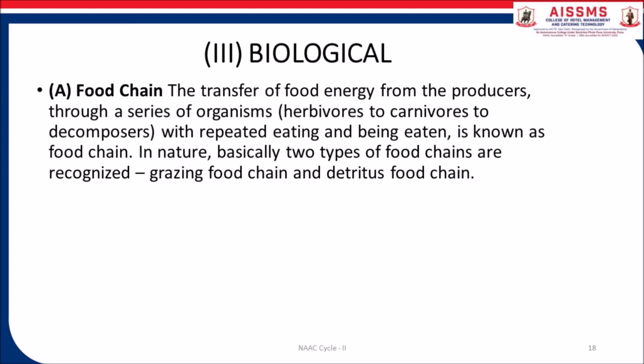The important point to be noted is that the amount of energy decreases at each successive trophic level. When any organism dies, it is converted into dead biomass that serves as an energy source for decomposers. Organisms at each trophic level depend on those at the lower trophic level for their energy demand.